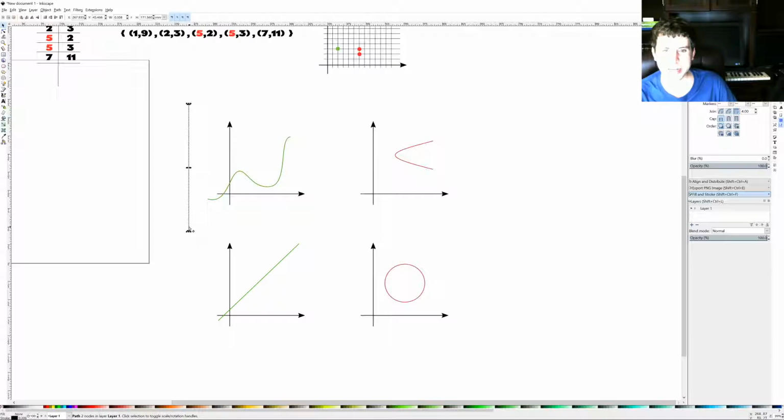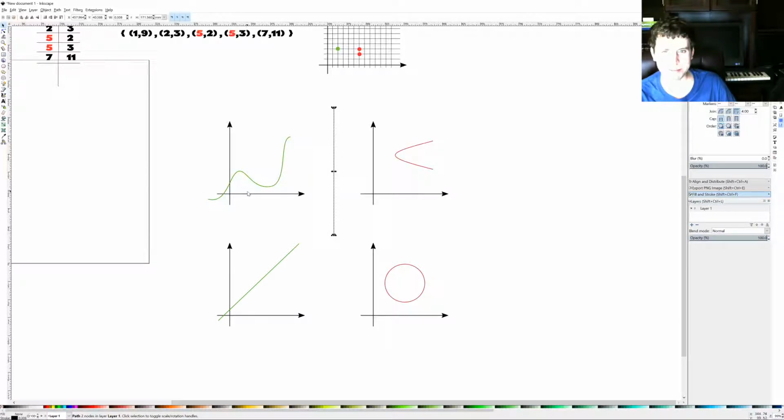I'm going to take my vertical line, and as I scan over this, I'll notice that it only crosses the function in one place at any location I put it. Because I never intersect it more than one time, it passes the vertical line test. So that is a function.